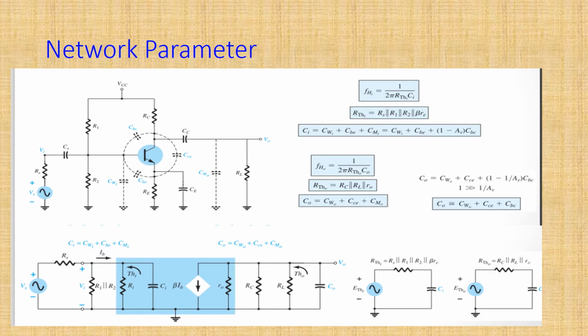So network parameters, let us try to understand this practically in our CE amplifier. This is your CE amplifier shown over here. The capacitances are CWI, CWO, the base to collector capacitance, the base to emitter junction capacitance, and the capacitance between the collector and the emitter.